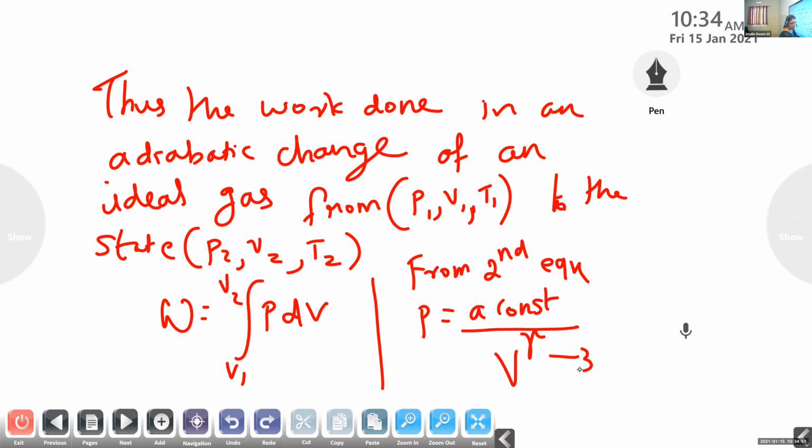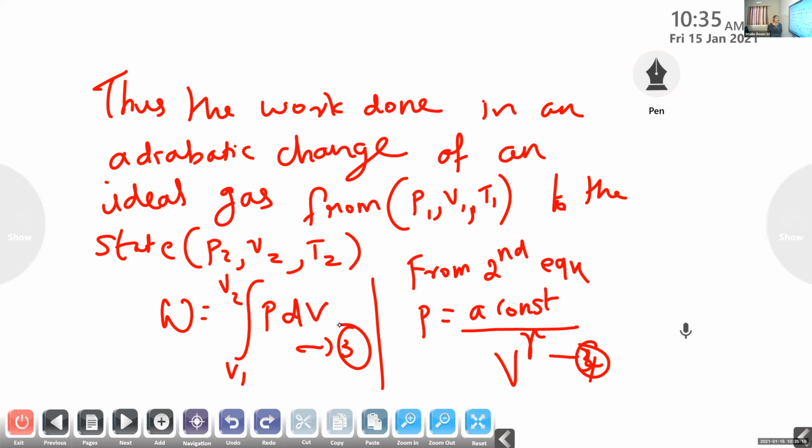That is equation 4, and this is equation 3. Now what is the next step? This value of P we substitute in equation 3.